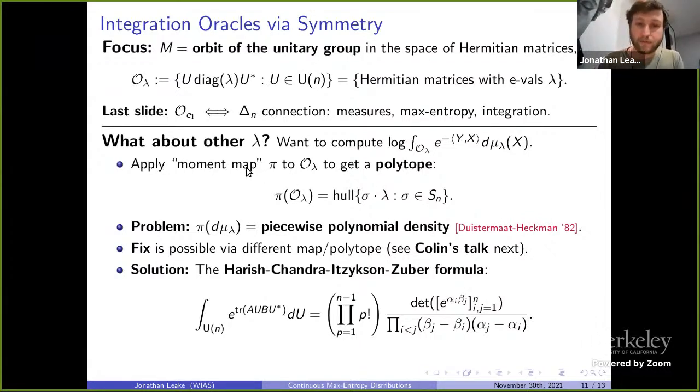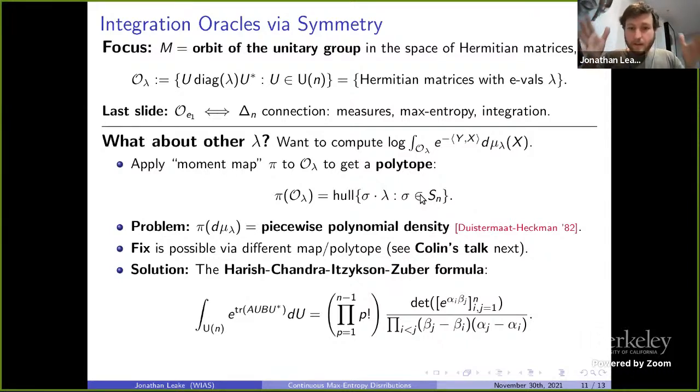We have this moment map pi, we apply it to this orbit, and we in fact get this polytope that I believe Avi was talking about: you take your lambda vector, look at all permutations of it, and take the convex hull of that. Basically, by generalizations of the arguments I used on the previous slide, all the diagonals of elements in this orbit are contained in this polytope, and in fact, you can show that they are equal. So we have exactly the same situation as before.